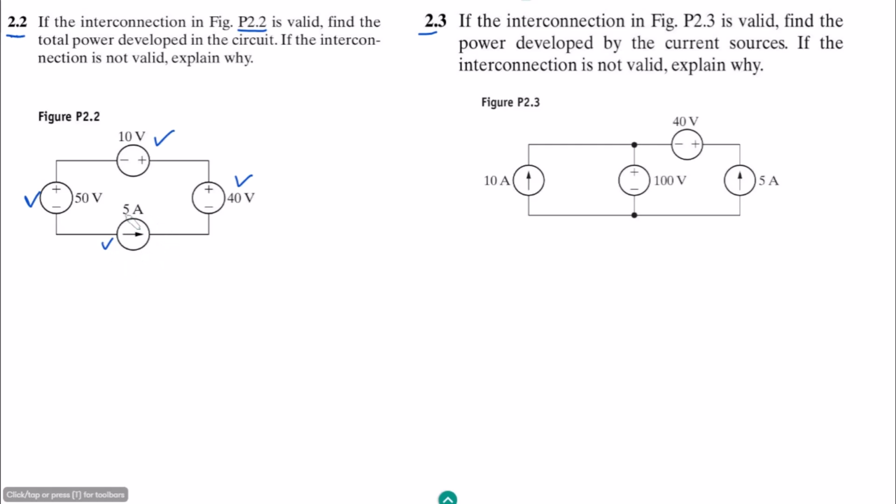Okay, so first of all, let me find the voltage across this current source. Let me call it V5. We don't know its polarity, so let me apply KVL in this circuit. In order to apply the KVL, let me consider the direction of the current, and let me take it as this one, which is consistent with this current source.